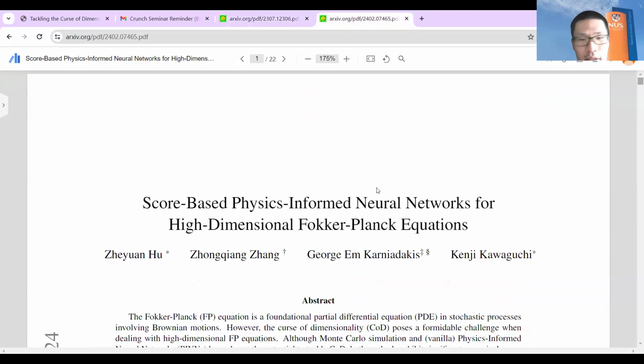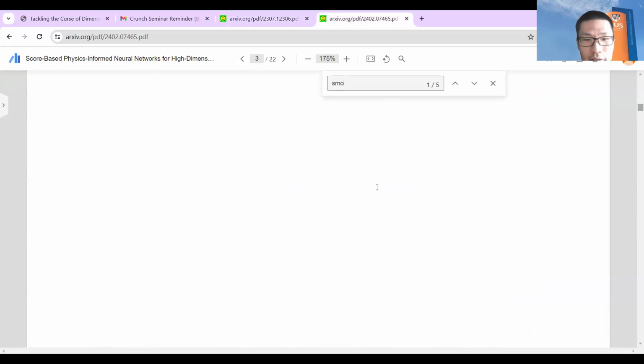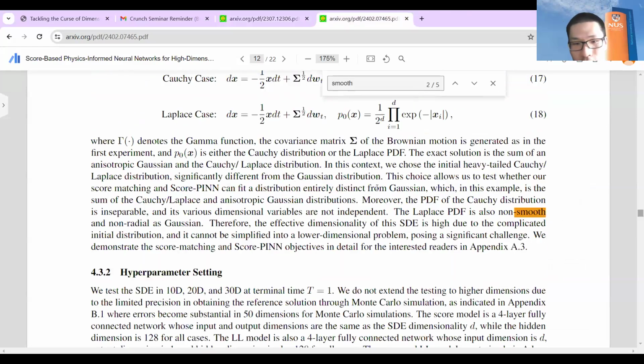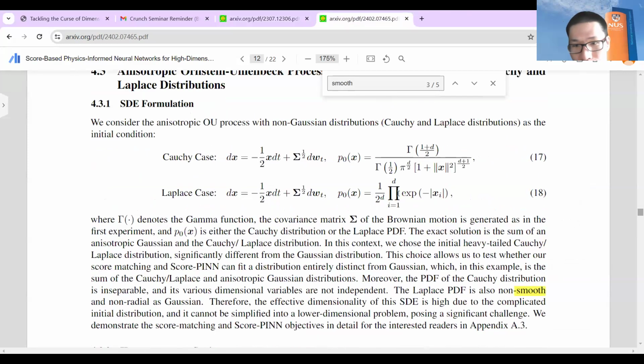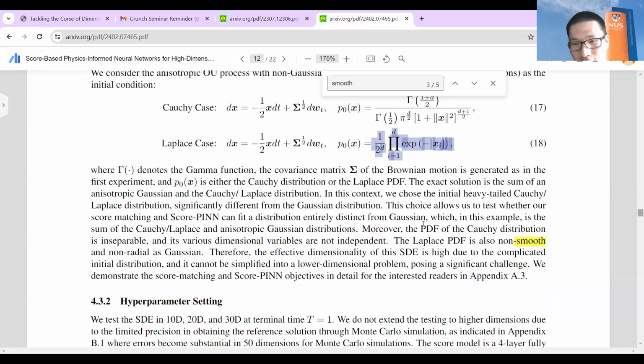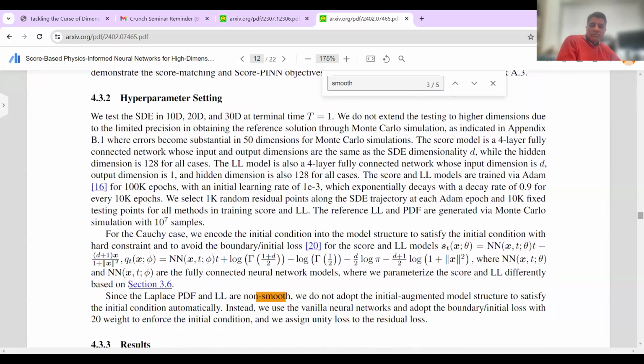And actually in the SDGD paper, I have something like this. Because I have a non-smooth case, in one experiment I use this as my initial condition. It is the Laplacian distribution, so you can see that this initial condition is non-smooth. In this new paper, I mentioned that since the Laplacian probability density function is non-smooth, we do not hard constrain the initial condition.